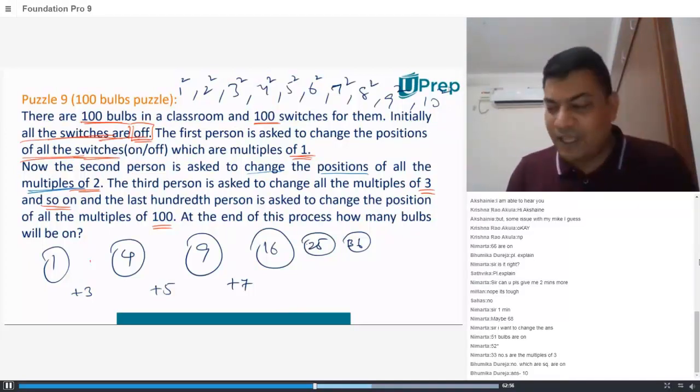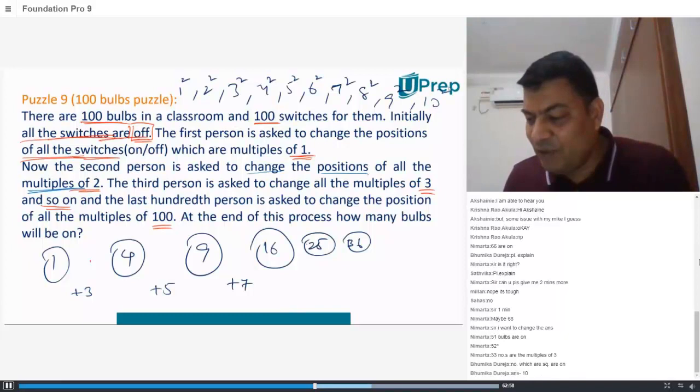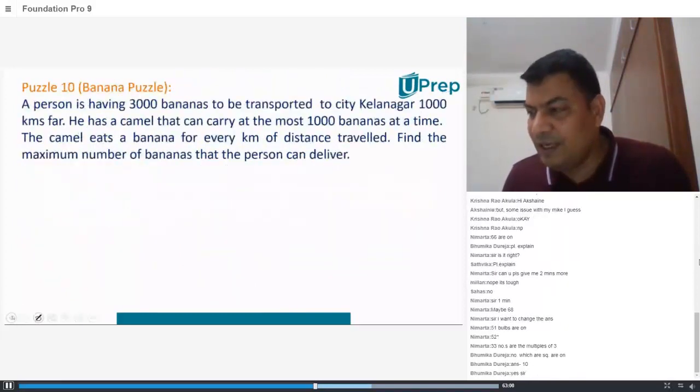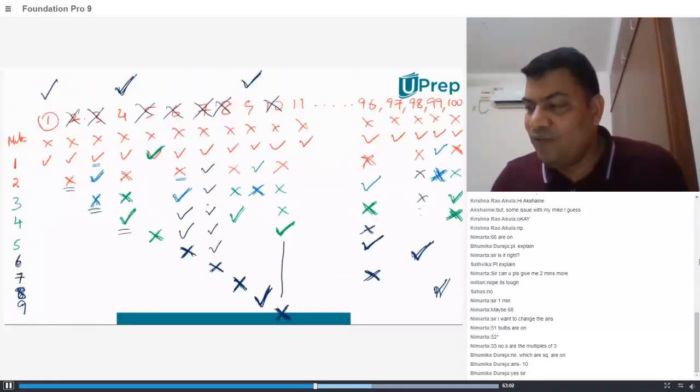See, the logic behind this is very simple. 4 was initially off, but 4 is nothing but 2 into 2. When you did multiples of 2, it got switched on.